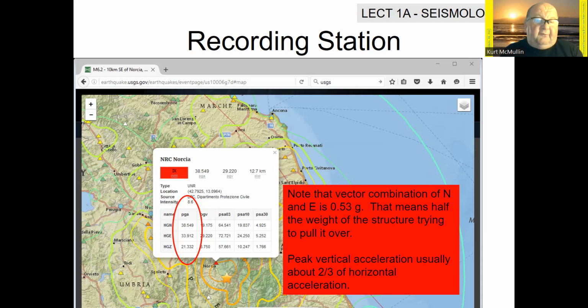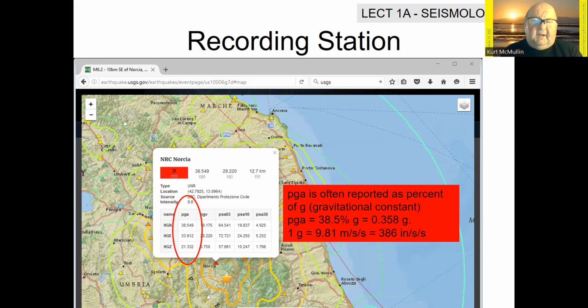We also get a peak vertical acceleration recording. In general, the vertical accelerations are usually about 2/3 of the peak horizontal reading. Earthquakes just don't lift and drop the ground as strongly as they shake it side to side. So PGA is going to be measured as a percentage of G.